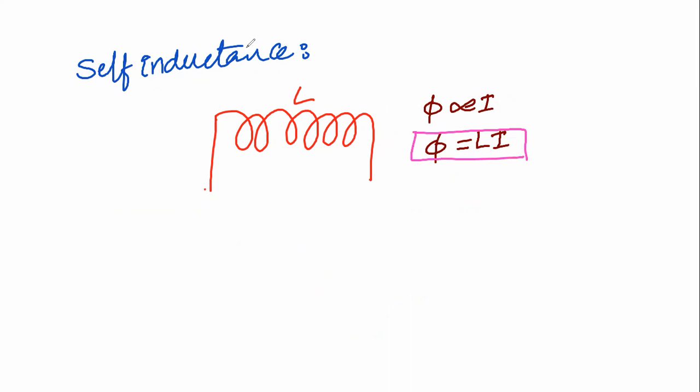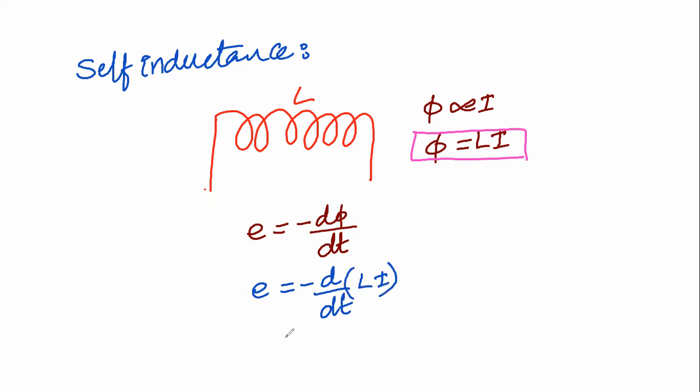Then according to Faraday's laws of electromagnetic induction, induced EMF E is equal to minus d phi divided by dt, which is minus d by dt of Li. Then E is equal to minus L into di divided by dt. This is how self-inductance is given.